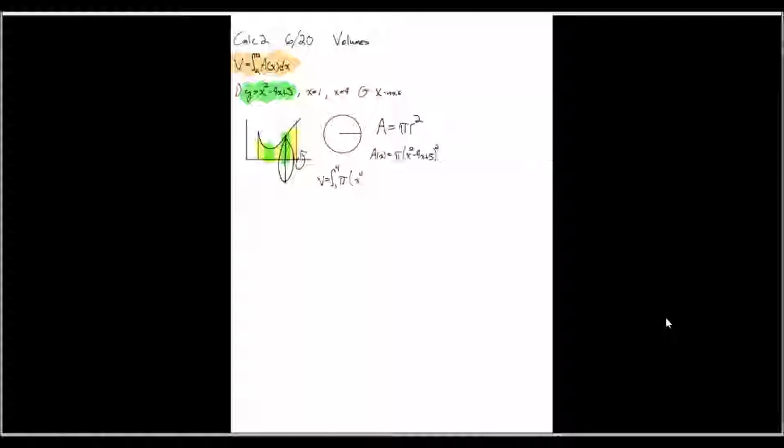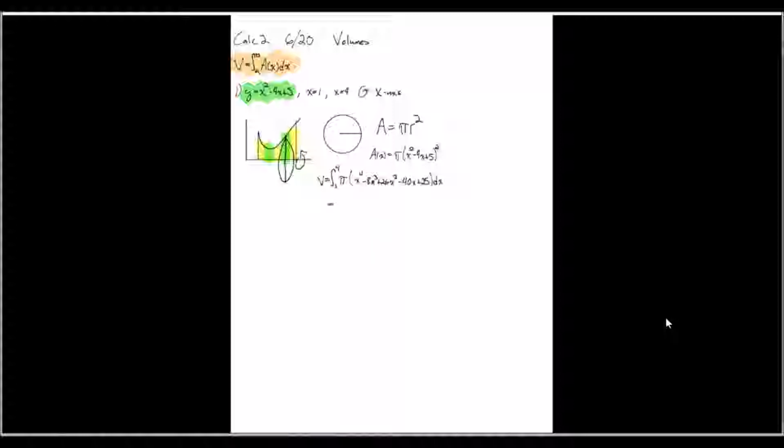This is x to the 4th minus 8x to the 3rd plus 26x squared minus 40x plus 25, all dx, right? Now this is a pretty simple integral.